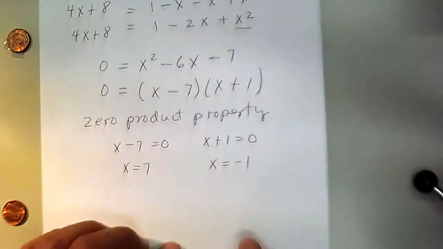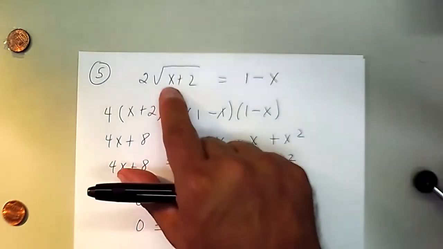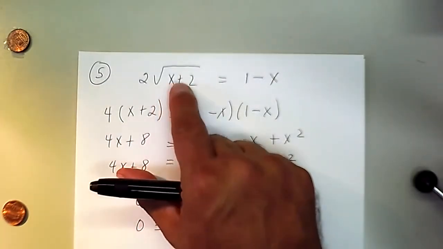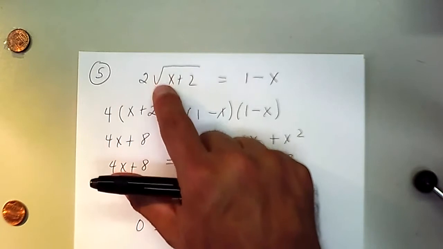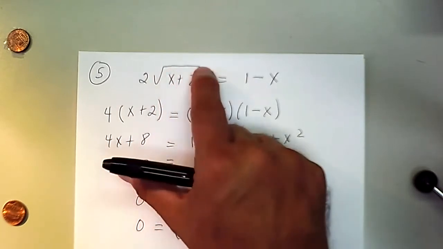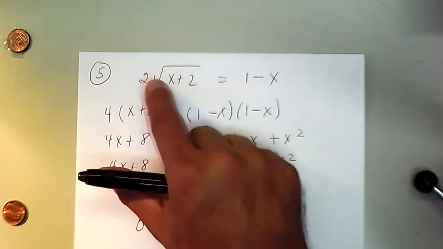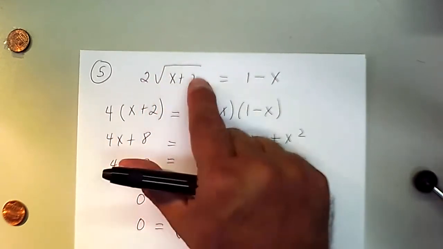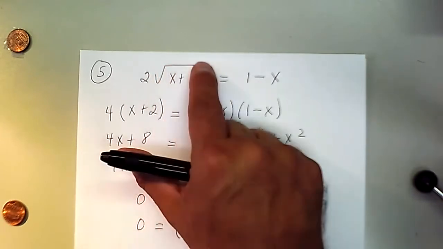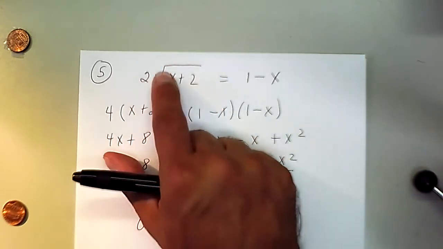If x is -1, -1 plus 2 is 1, and we can perfectly take the square root of 1, which is going to be 1, times 2 is 2. So this is 2. Again, -1, or 2 minus 1 is 1, root of 1 is 1, times 2 is 2. So the left side is 2.